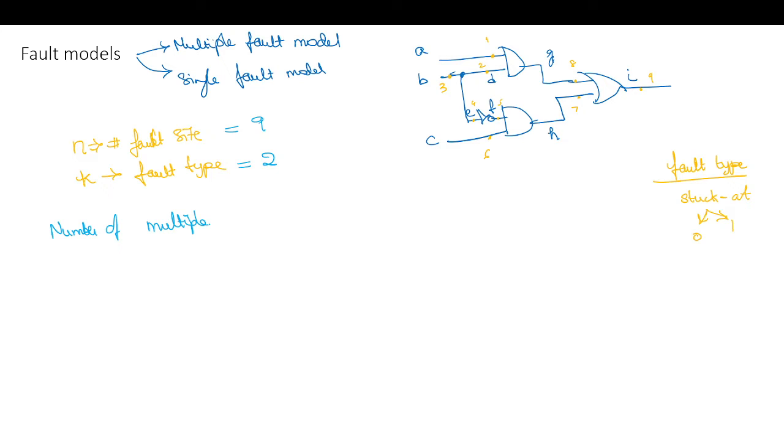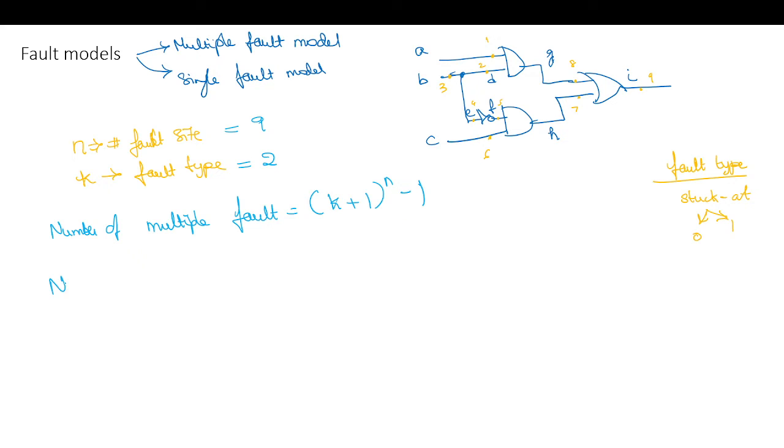The number of multiple faults will be (k plus 1) to the power n minus 1. Each fault site is going to have 1 to k faults, like for our example, it's 2. And this minus 1 is just to remove the fault-free combination.